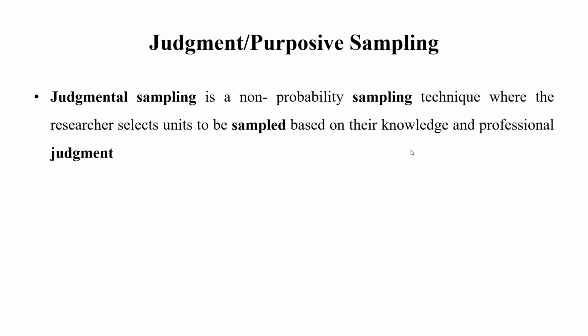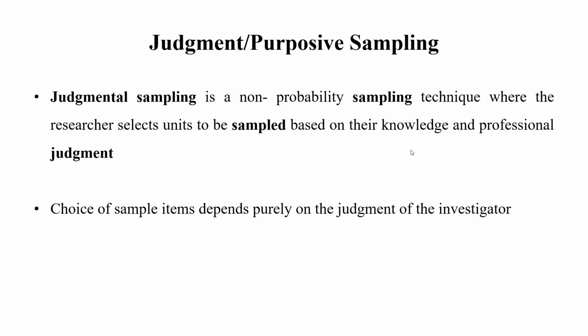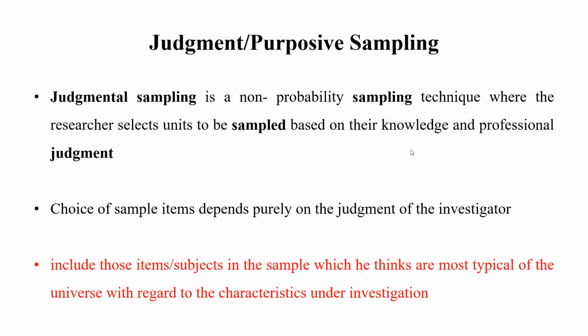So the researcher selects the units to be sampled based on their knowledge or professional judgment. The choice of sample items depends purely on the judgment of the investigator. He or she includes those items or subjects in the sample which he or she thinks are the most typical of the universe with regard to the characteristics under investigation.